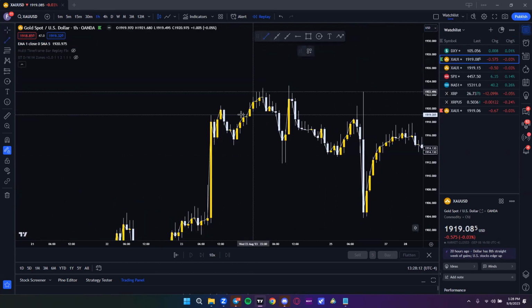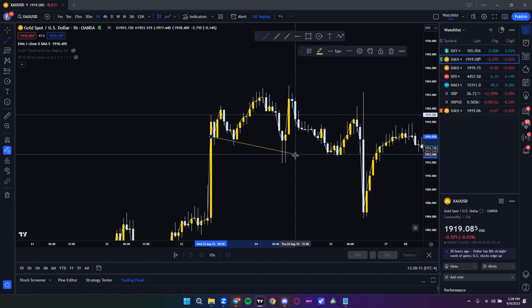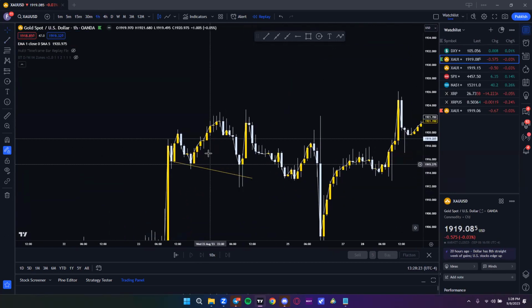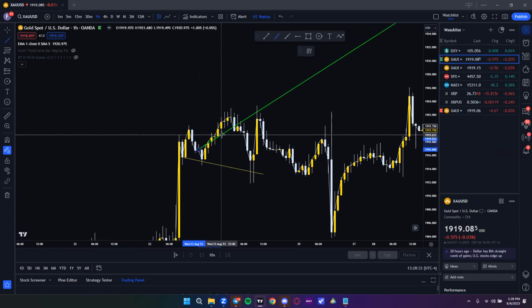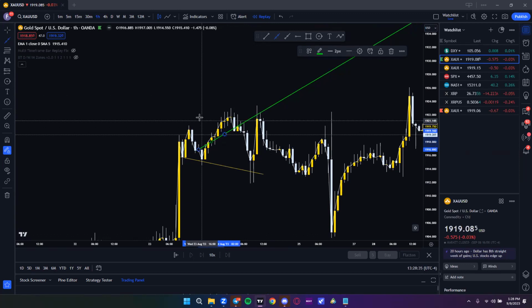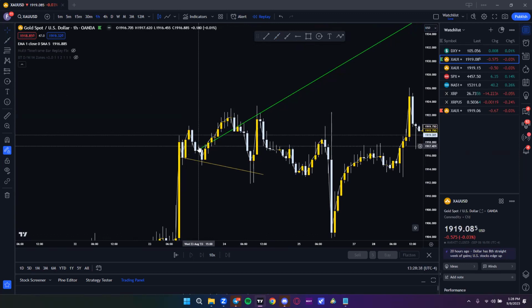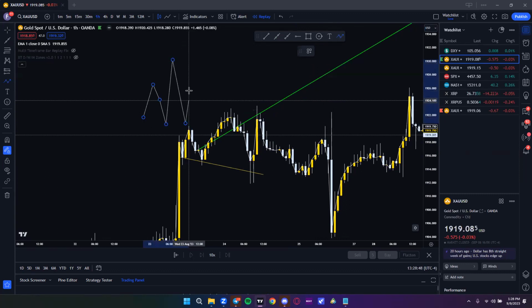Okay, so this would be trend line type 1, closing price, resistance, resistance, resistance. I believe this is, yeah, trend line type three, it's the head and shoulders.